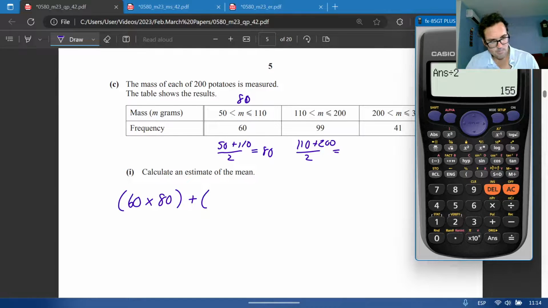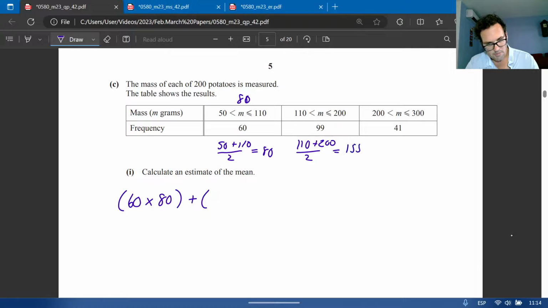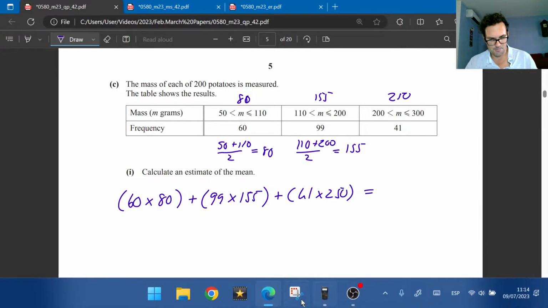So 155 is the average weight of those 99 potatoes. The last one is easy, isn't it? It's 250, halfway between 200 and 300. So 41 potatoes on average weigh 250. Okay, let's work that out first.